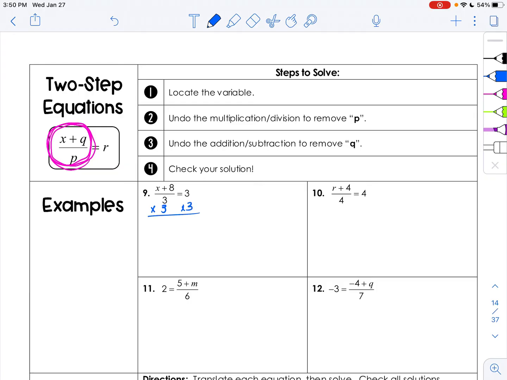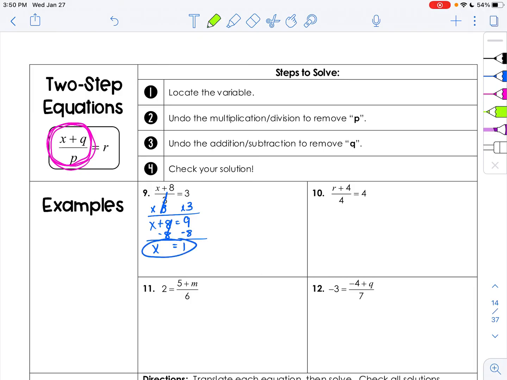And just like with the other ones, what happens when you multiply by 3 on the left is it cancels out everything except for the x plus 8. And then equals 3 times 3 is 9. So once you get rid of that division, you really just have a one-step equation. So on this one, we just have to get rid of plus 8 by doing minus 8 on both sides. So that's x equals 1.